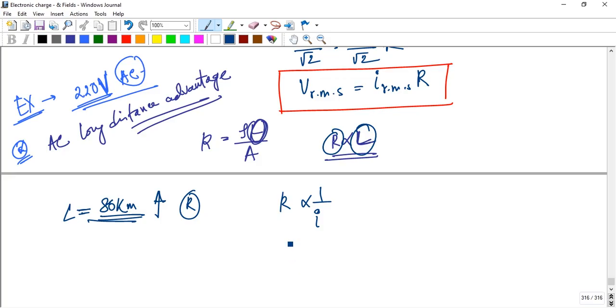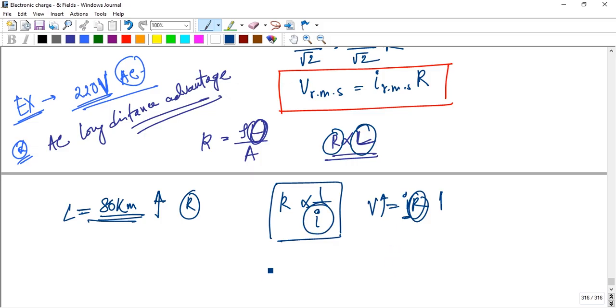Also V equals IR, so if R is very high, V is high, but current drops, and then the potential also drops.